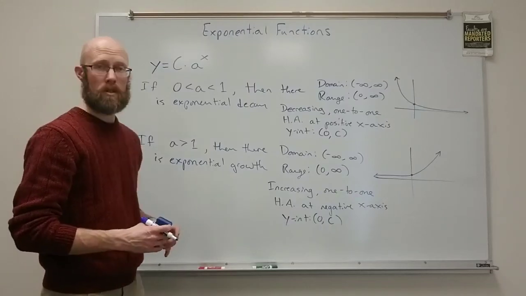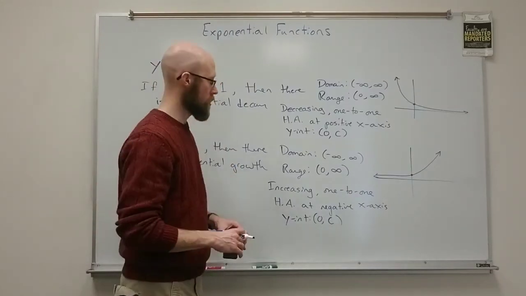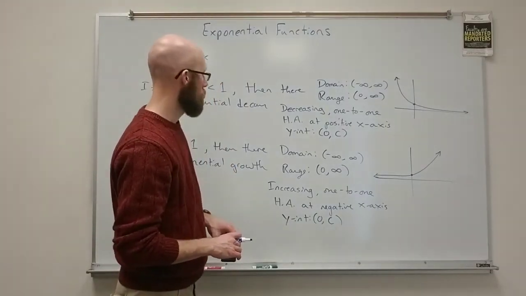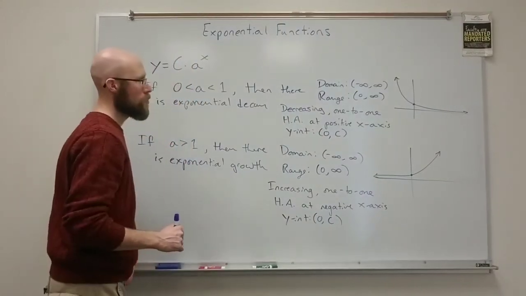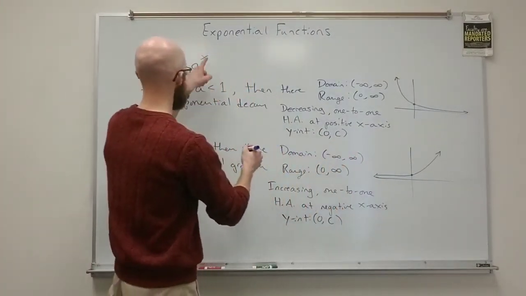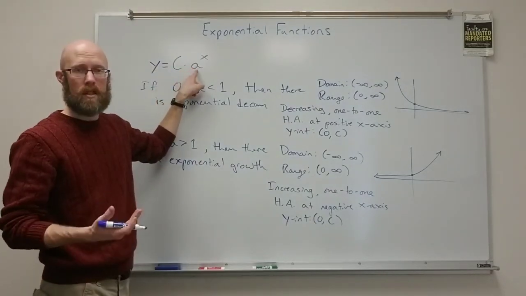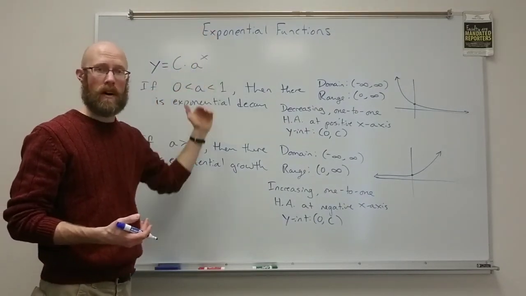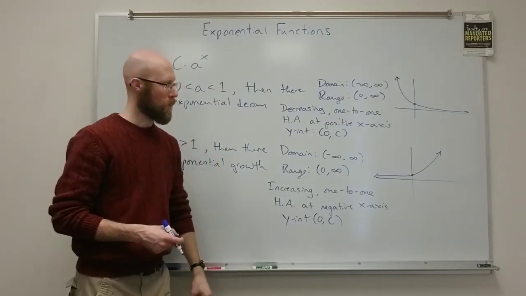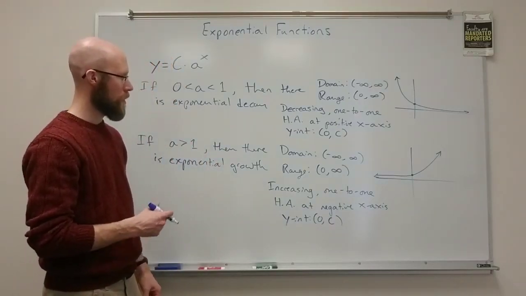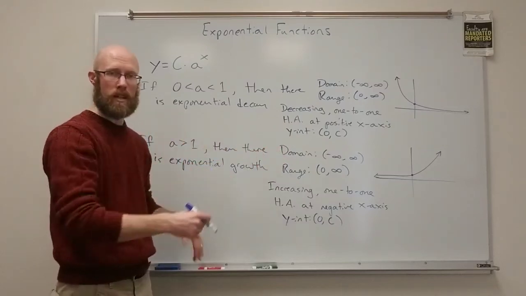Another thing that's important, you'll see a couple other interesting points on these graphs. The value, if I plug in a 1, you get c times a to the 1. If you plug in -1, it's c divided by a. So there's a couple kind of interesting points at 1 unit over and one in each direction.